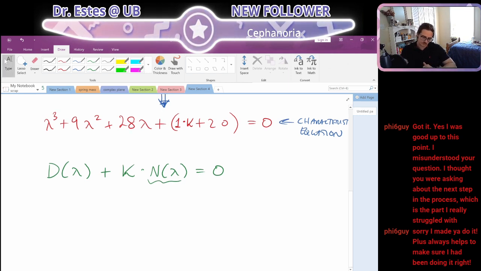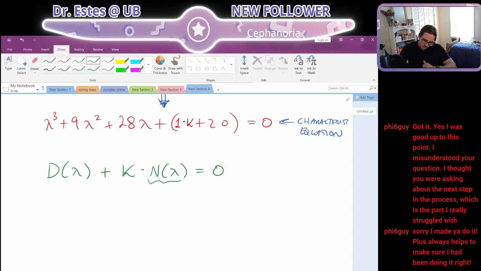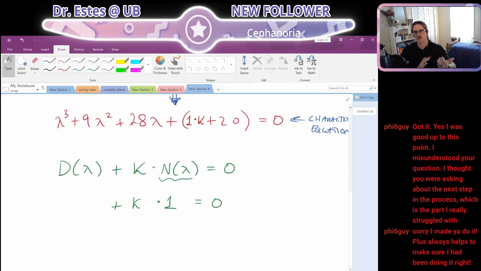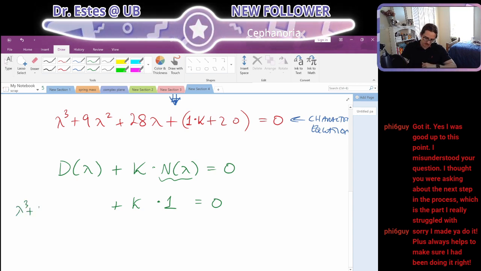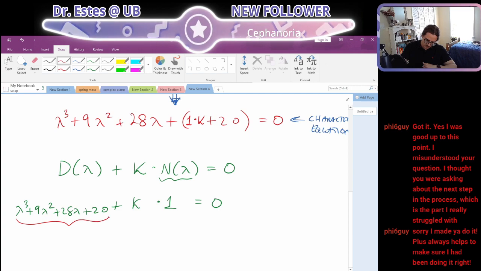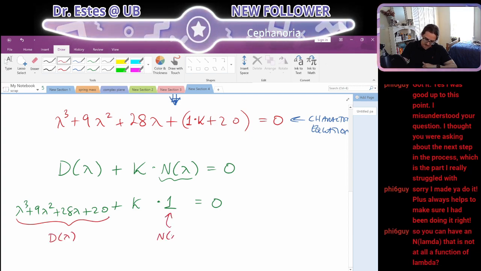So n lambda is just 1. And d lambda is all the stuff that isn't multiplied with k. So it's lambda cubed plus 9 lambda squared plus 28 lambda plus 20. So this is d lambda. This is n lambda. And k is k.